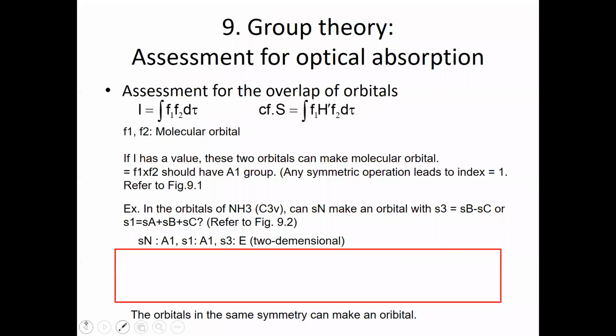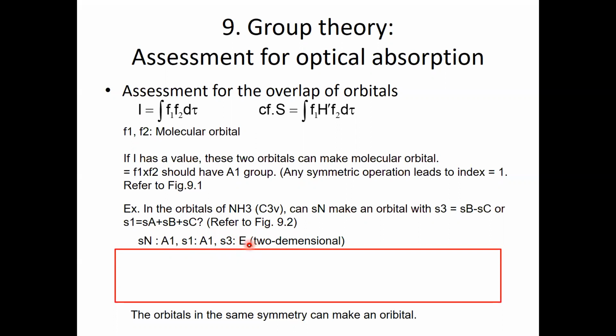So what you have to do is here. We already categorized the S of nitrogen as A1, which you must confirm for yourself, so please do it yourself. And S1 is categorized into A1, and S3 is categorized into the E orbitals.